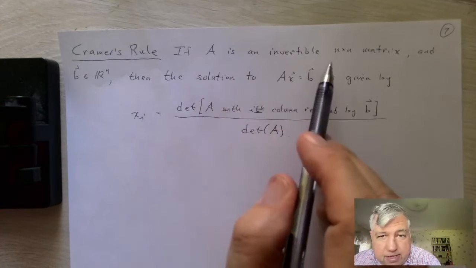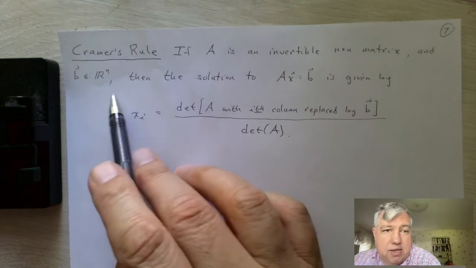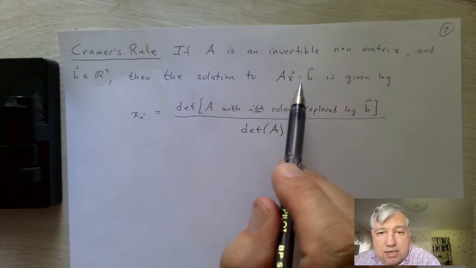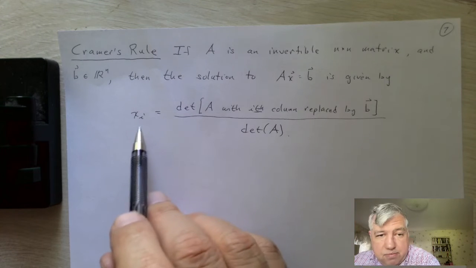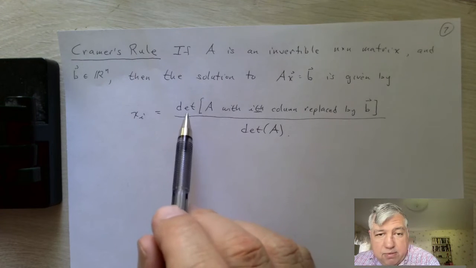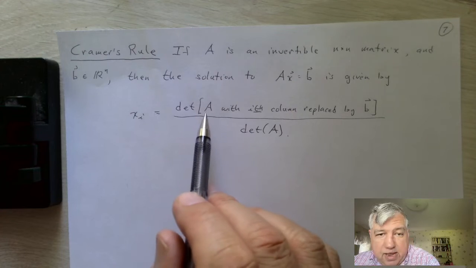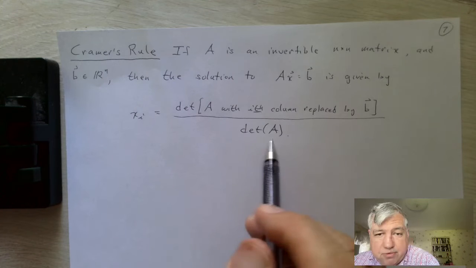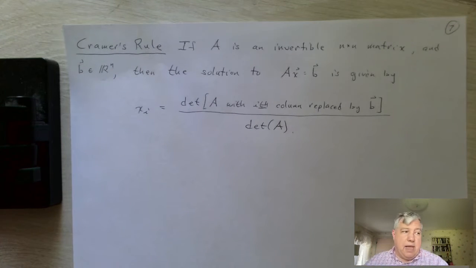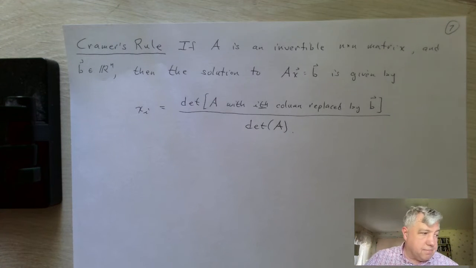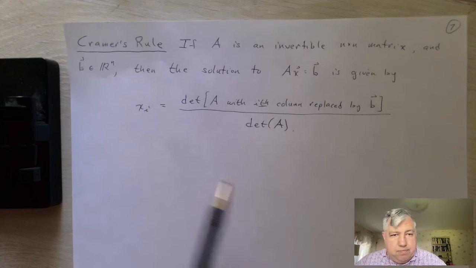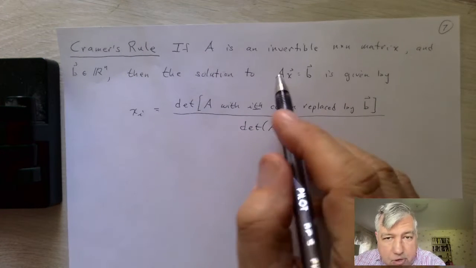If A is an n by n invertible matrix and B is a column vector in Rn, the solution to Ax equals B is given by this formula: we take the determinant of A with the ith column replaced by B and divide it by the determinant of A. That gives us all the components of x.